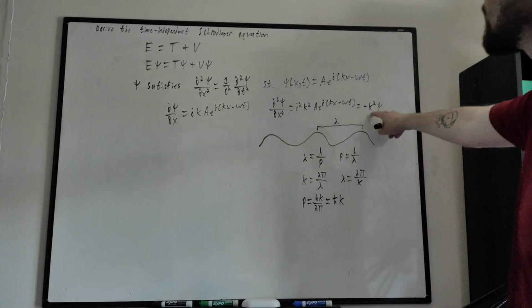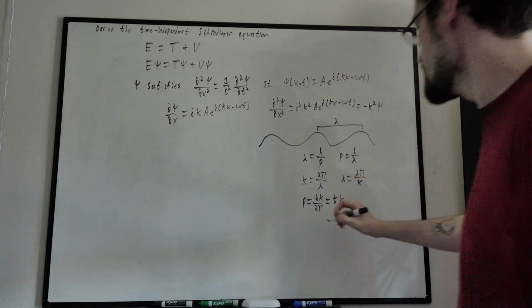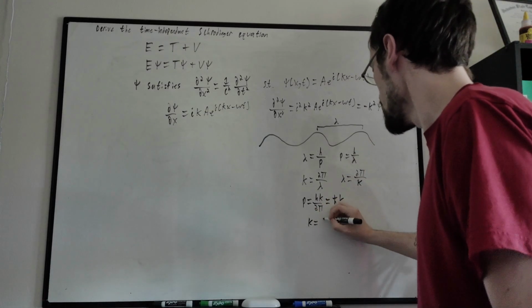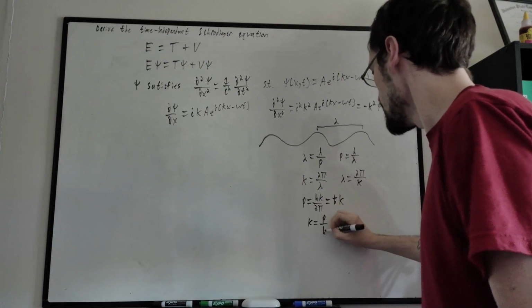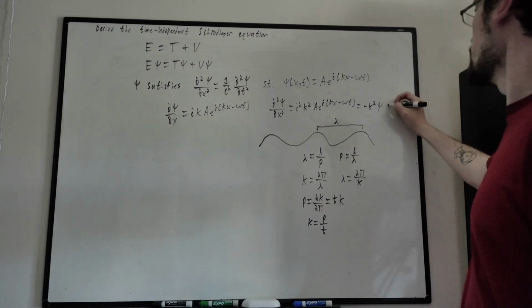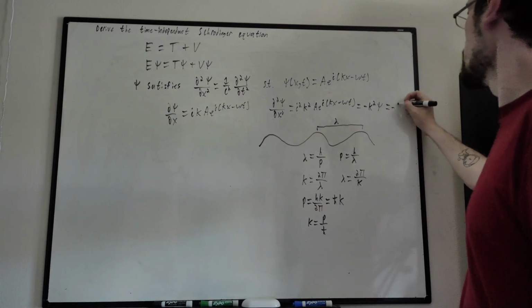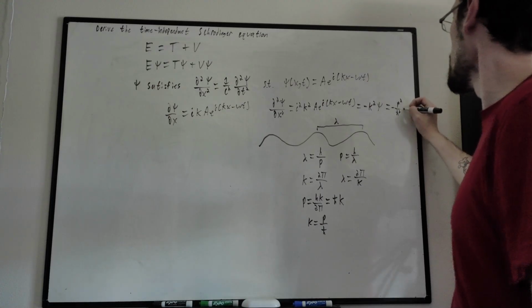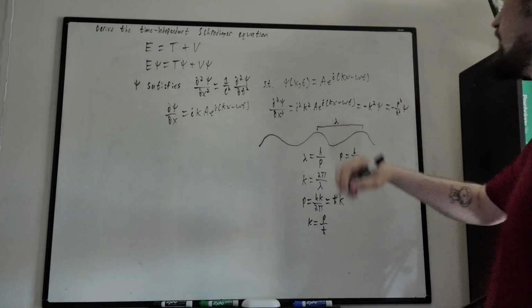So in other words, we can figure out what k is here in terms of momentum. k is just equal to momentum divided by h bar. So now this here is equal to negative p squared over h bar squared acting on psi.